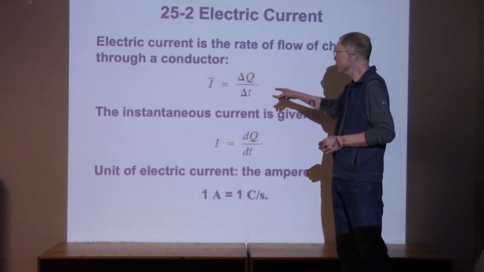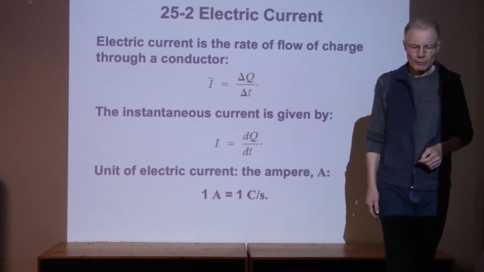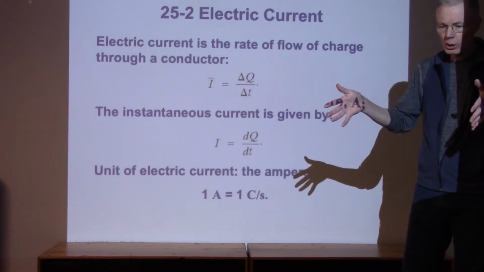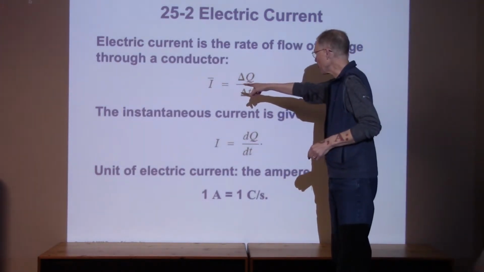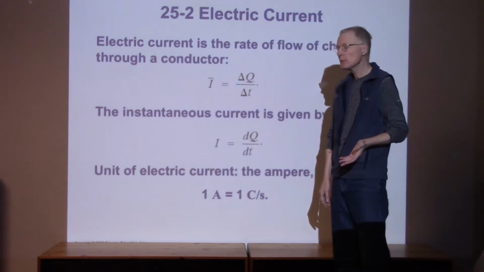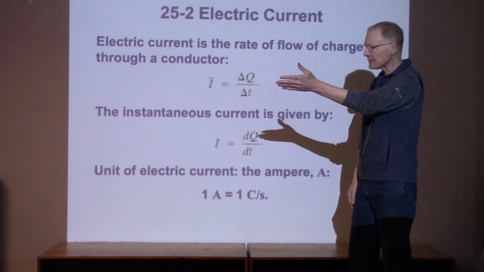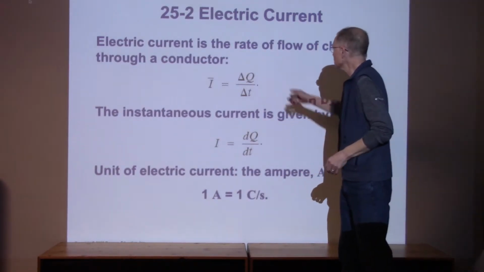Now, if we're going to average the current over a certain amount of time, then we can just take some amount of charge and divide by some amount of time, and that will give us an average value. If it's direct current, which we talked about, if the current's just staying steady at the same rate, then it doesn't matter which formula we work from.